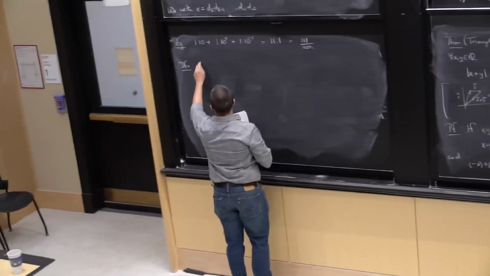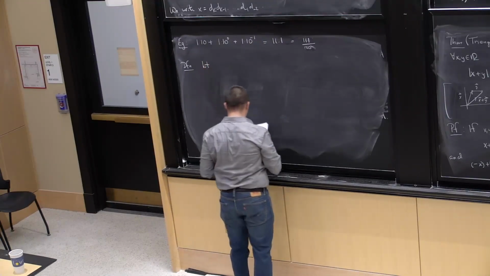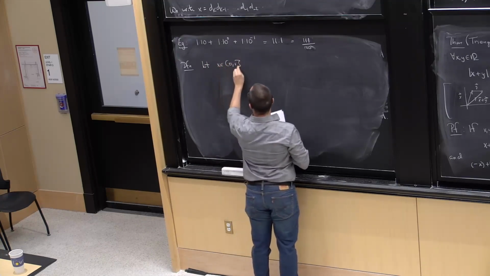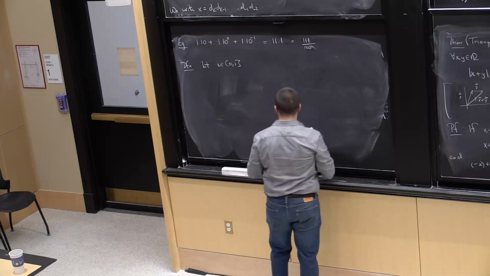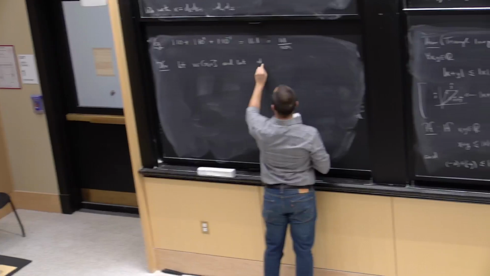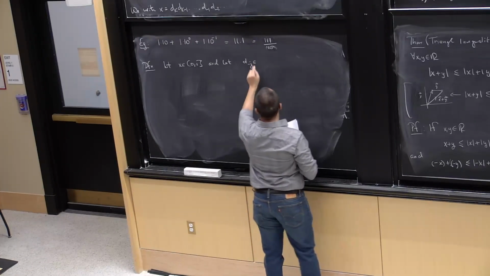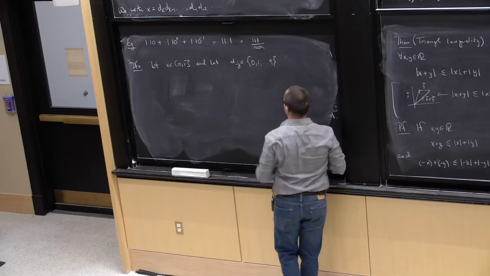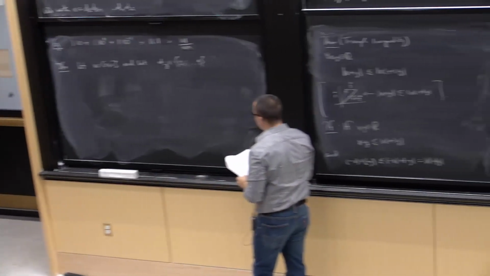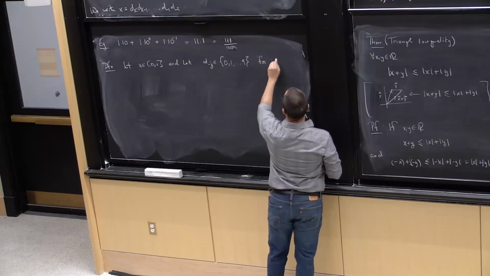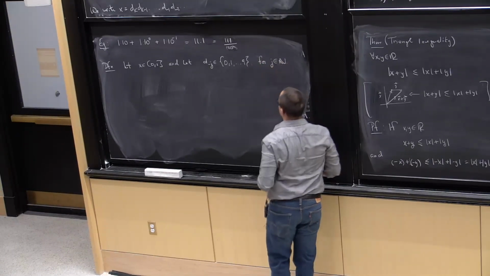So this is a rigorous definition. Let x be in (0, 1], excluding 0, and let d_{-j} be in {0, 1, ..., 9}, j a natural number.